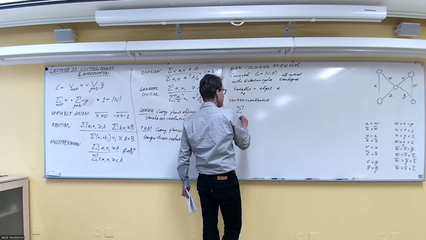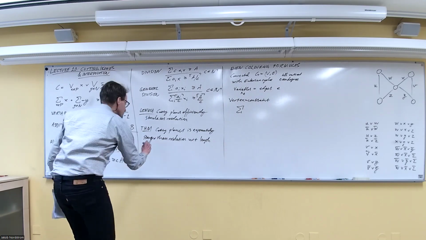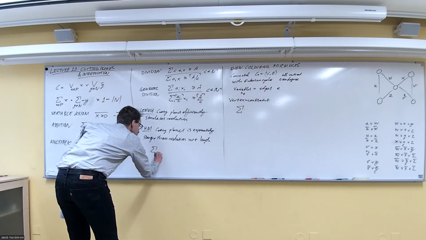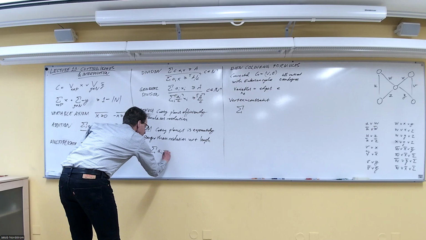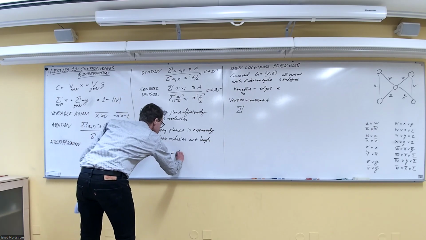That says basically the following. One piece of notation that we're going to use is just syntactic sugar. Sometimes it's convenient to write the constraint sum a_i x_i equals a.